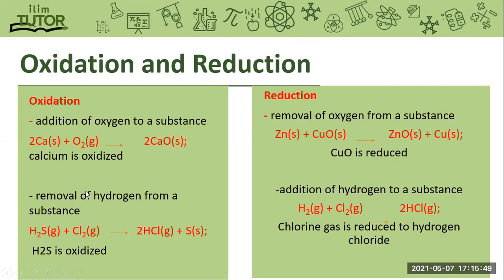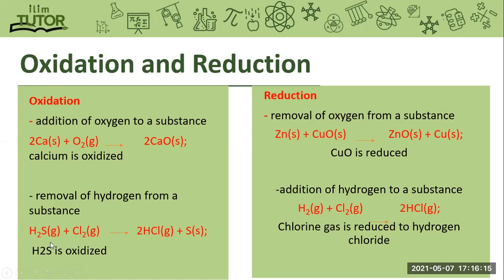Another way to look at oxidation is the removal of hydrogen from a substance. So here we have an equation. Hydrogen sulfide has turned to sulfur. If I move from here to here, I will say that hydrogen sulfide is oxidized.